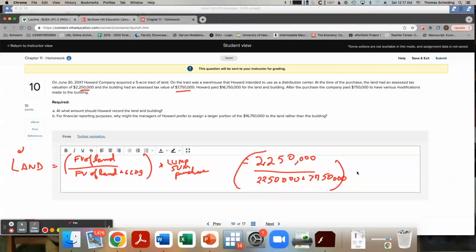Multiply that all by the lump sum purchase price, which is the 16,750 million, which in this case I've calculated as 3,768,750. So that's for the land.